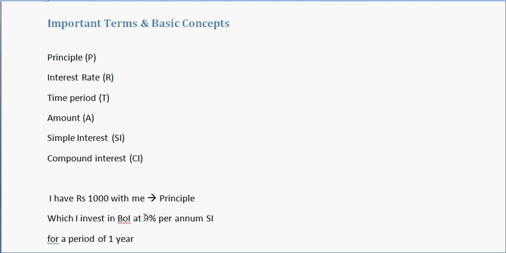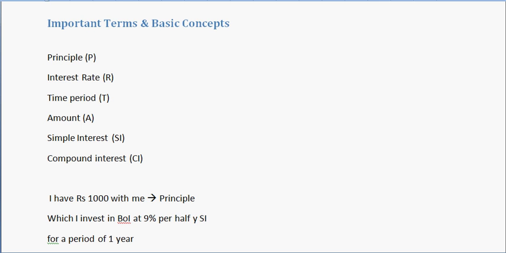Just keep track that the interest rate is given as a per annum interest rate. This means that if we invest for 1 year, we'll get 9% over what we invested. There can be an interest rate which is per half year.